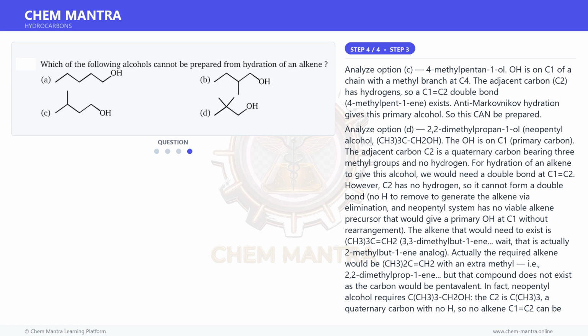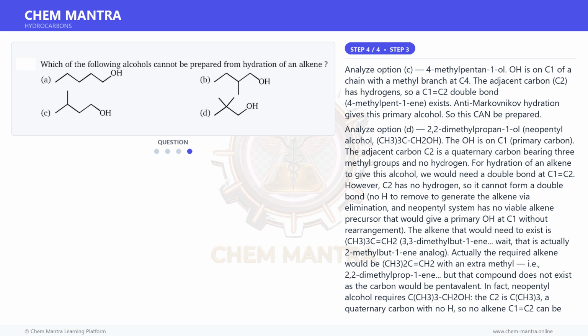Wait, that is actually a 2-methylbut-1-ene analog. Actually, the required alkene would be (CH3)2C=CH2 with an extra methyl, i.e., 2,2-dimethylprop-1-ene. But that compound does not exist as the carbon would be pentavalent.